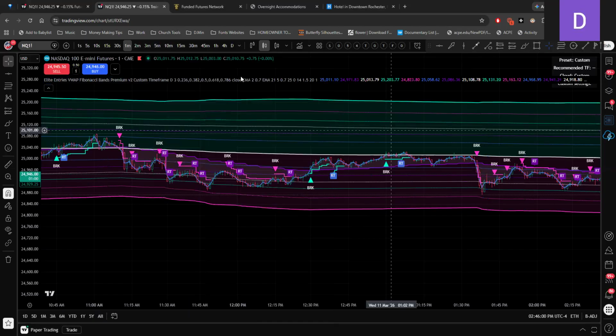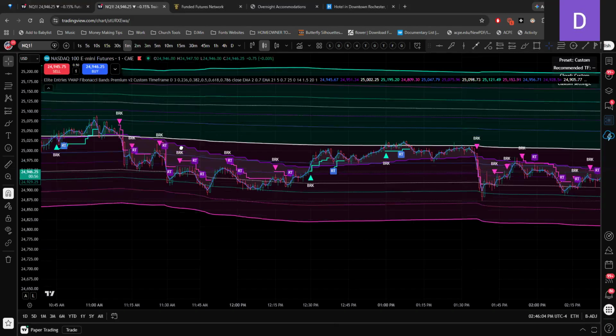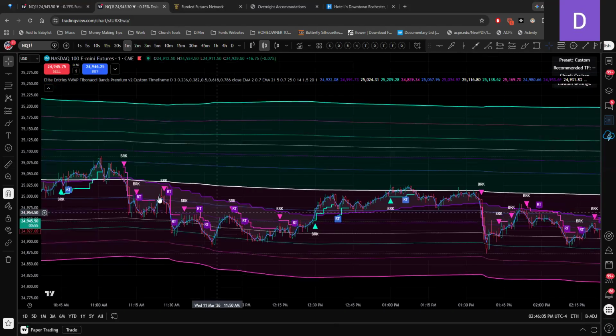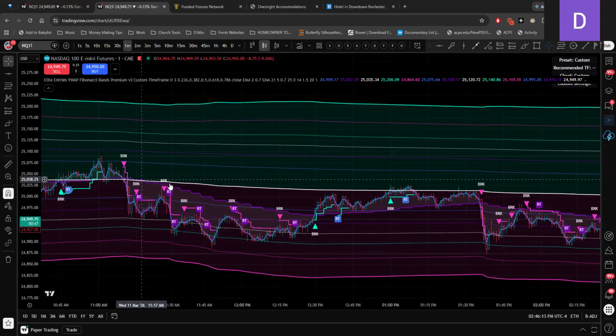As you can see, moving averages down below, the slow moving average is below. So of course you get a sell signal on the VWAP, and your first take profit is the next fib.